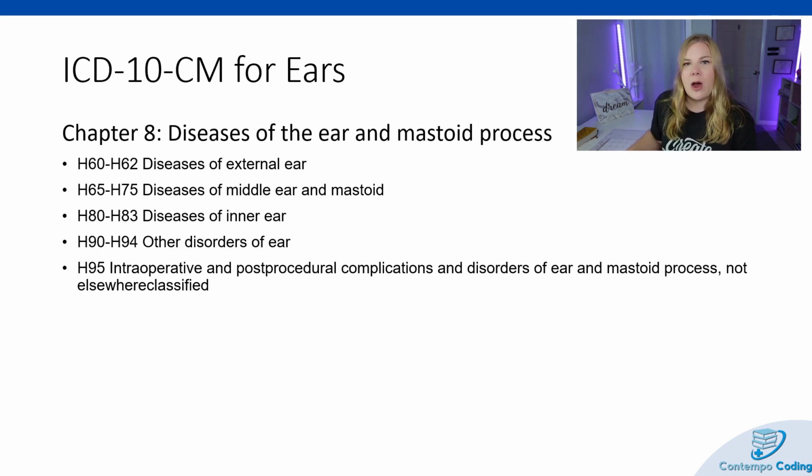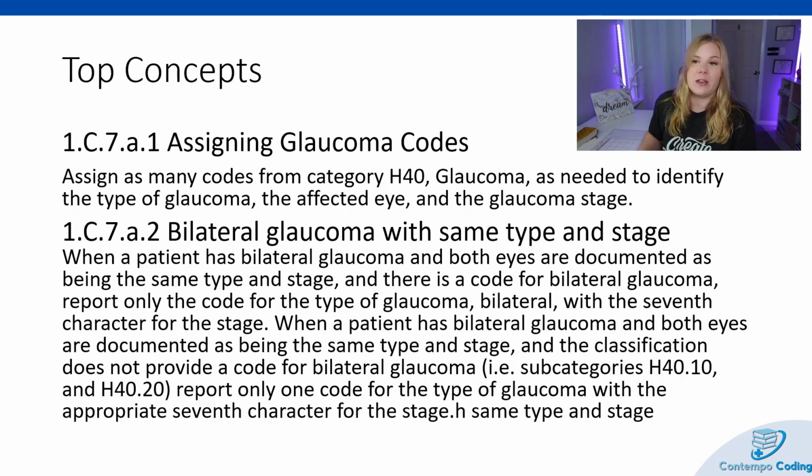So let's talk about a couple of the concepts that we do have in ICD-10-CM guidelines pertaining to our eye. So we have some different concepts as it applies to glaucoma. With glaucoma, you might have a different type of glaucoma and a different stage of glaucoma in one eye versus the other.